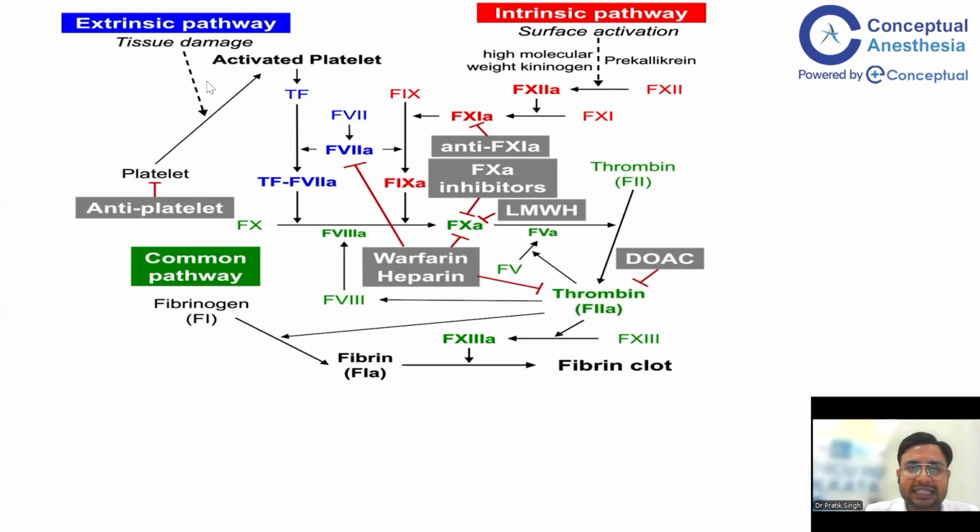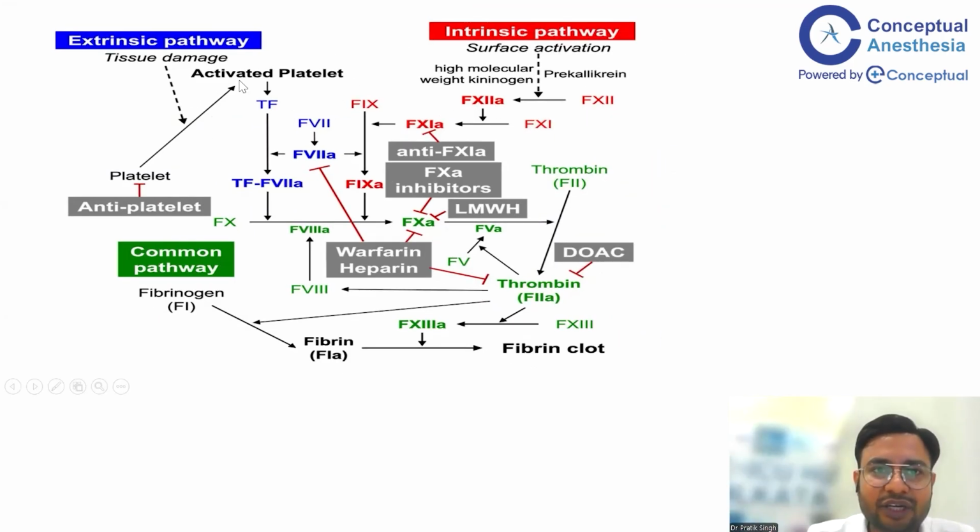So this is one of the important diagrams where we are going to see which part the drugs act on. We can see the extrinsic pathway, which starts from the activated platelet. So this is factor 7, then the common pathway, fibrinogen. We can inhibit factor 7 with the help of warfarin, because warfarin inhibits vitamin K, and vitamin K does not help in the activation of factor 7.